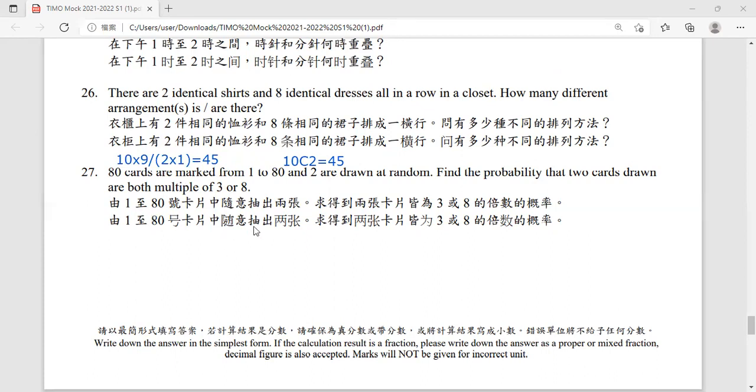Okay, now for 27. You have to consider how many cards are in the series, because there are cards that are multiples of 3 or 8.